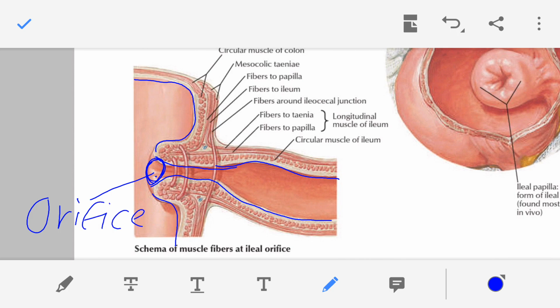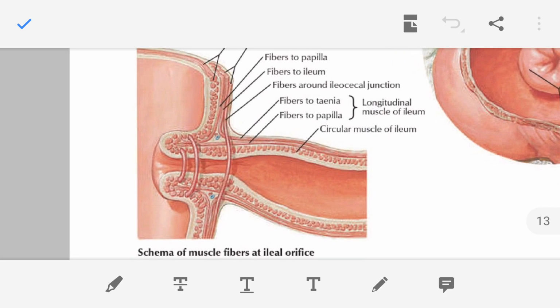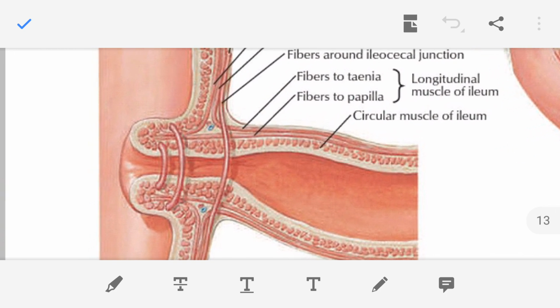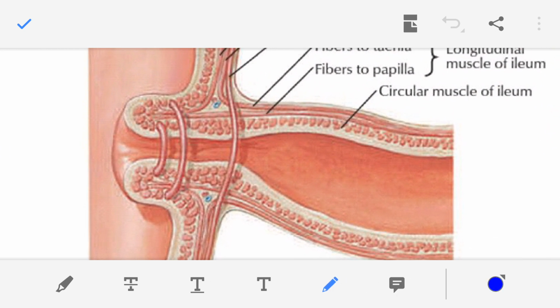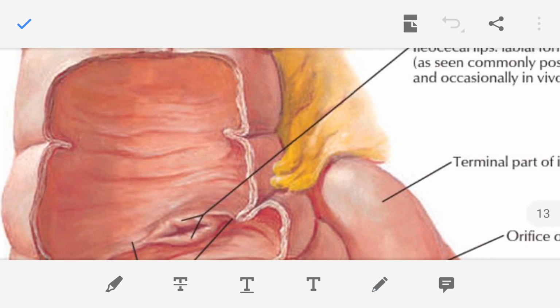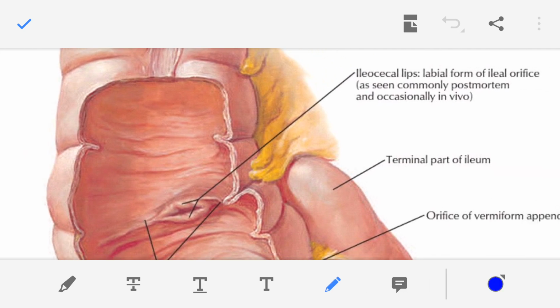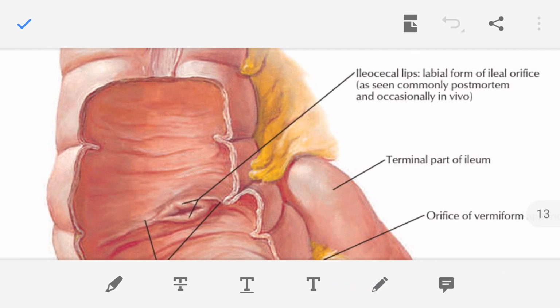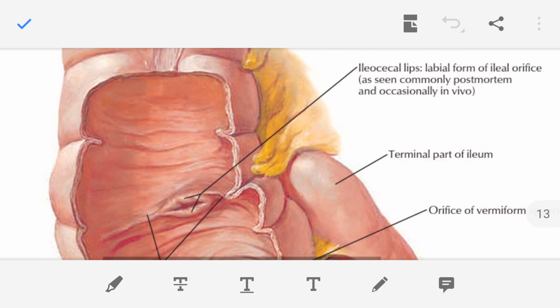And on the superior surface and on the inferior surface, these two lip-like structures are present, and these two lips are known as the ileocecal lips.